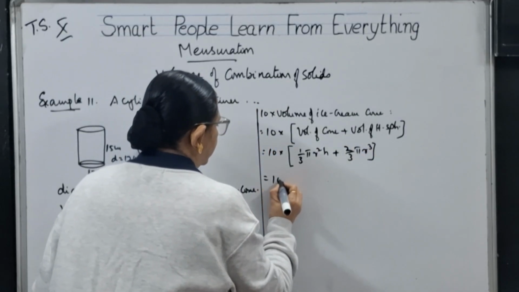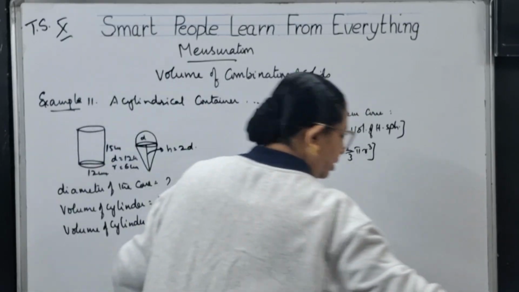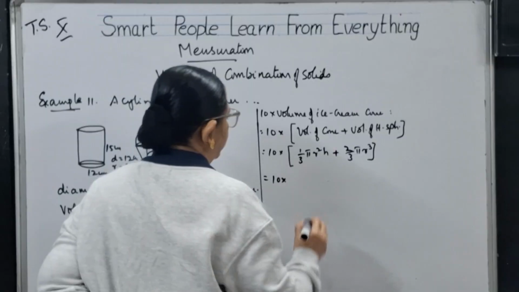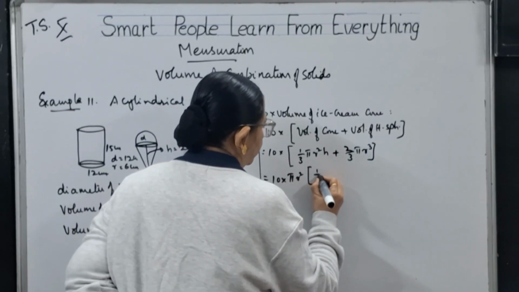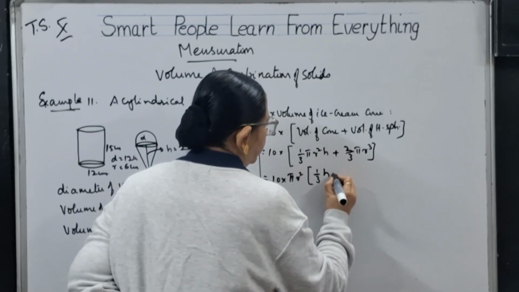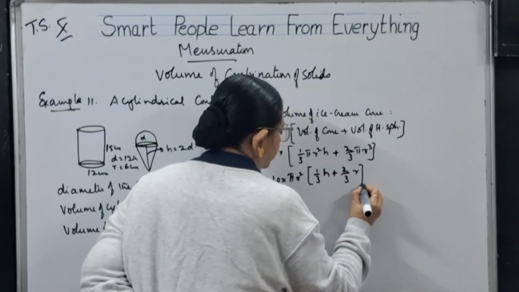So here, children, 10 into 1 by 3. Let me take pi r square as common: pi r square into 1 by 3 h plus 2 by 3 r.